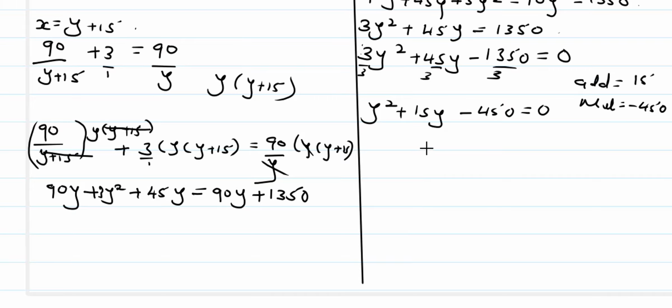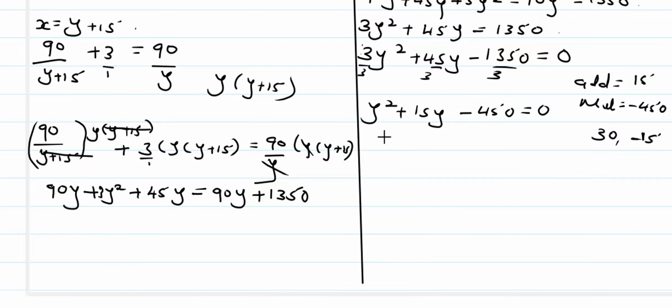Those two numbers will be 30 and negative 15, because if I add 30 and negative 15, it will be 30 minus 15, which is 15. And then if I multiply 30 by negative 15, it will give me negative 450.